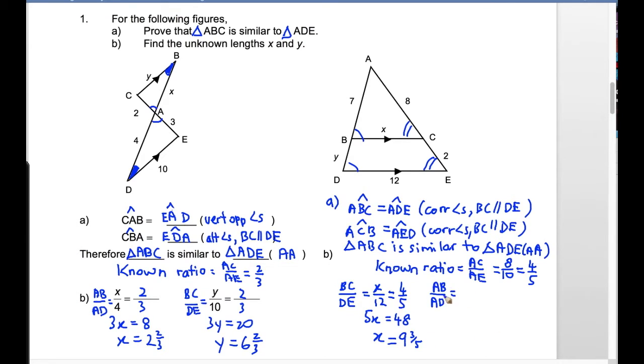Similarly, the corresponding sides AB corresponding to AD is 7 over y plus 7, and this equals the known ratio. Cross multiplying, and we have y equals 1 3/4. This completes question 1.